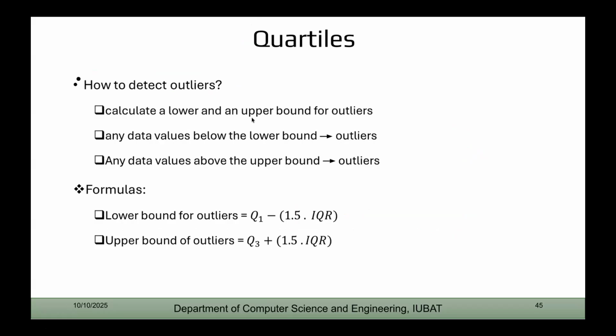First you need to calculate the lower and the upper bound. Like in the trimmed mean, here we are finding the lower and upper bound, right? But in the trimmed mean, what helps us to trim? Anyone remember?